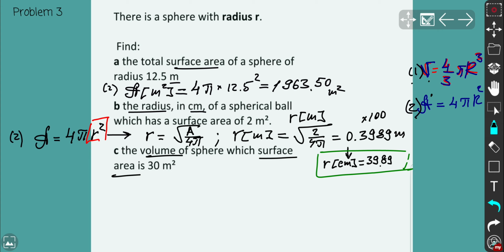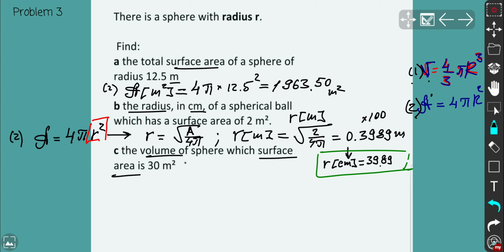This is about simultaneous equations, but without solving; it's mostly about rearrangements. In this case it's impossible to solve, because you have V, A, and R. So you have 3 variables while you have just 2 equations, right? So you can only connect V and A, and that's your purpose.